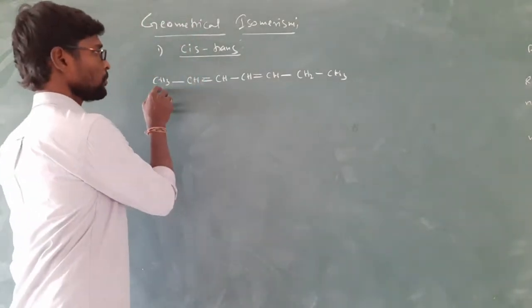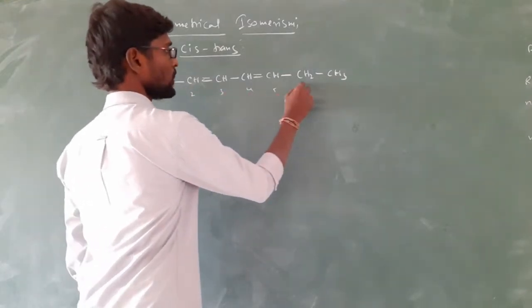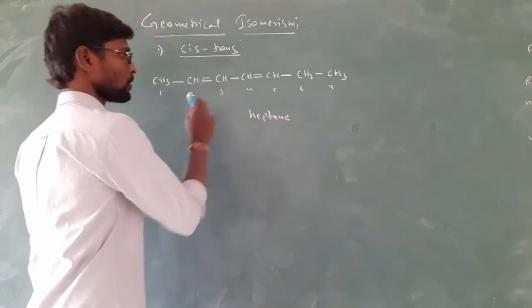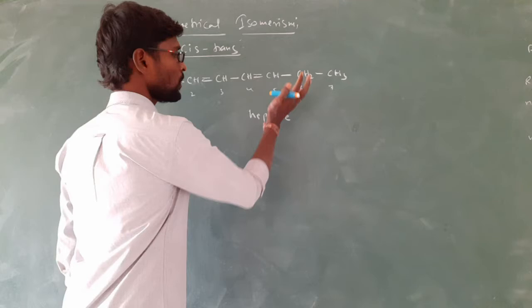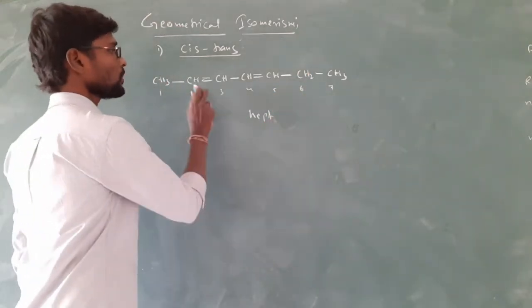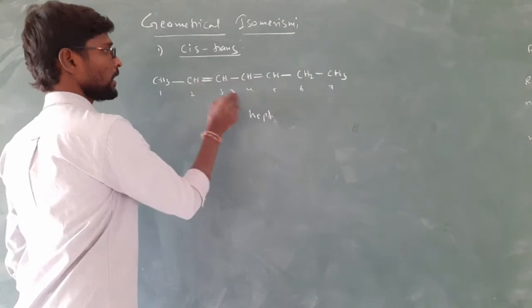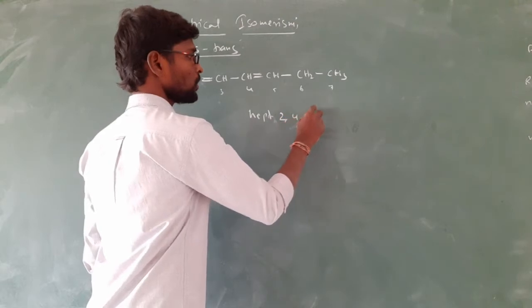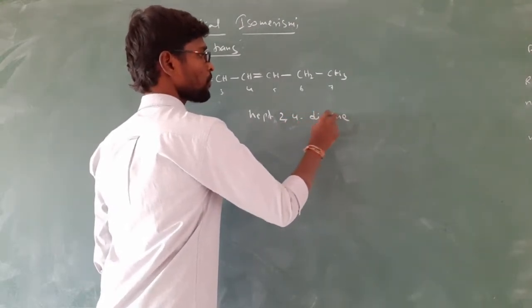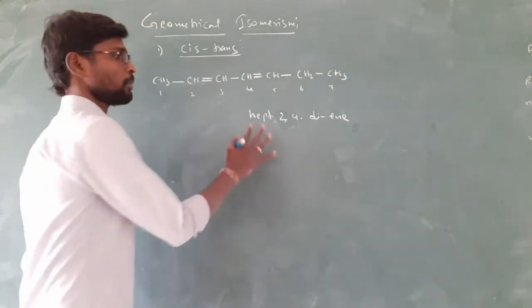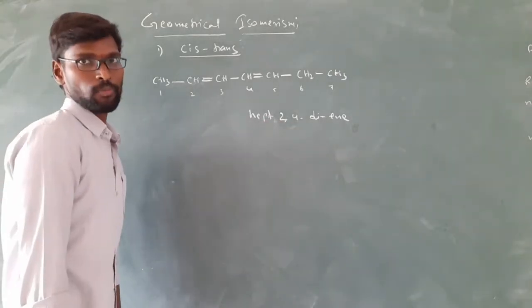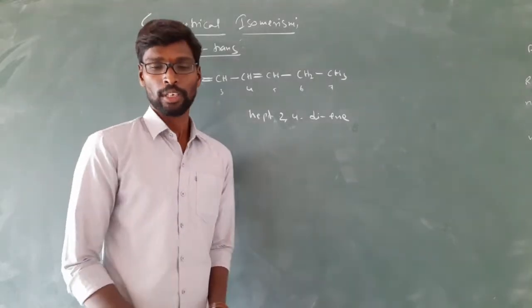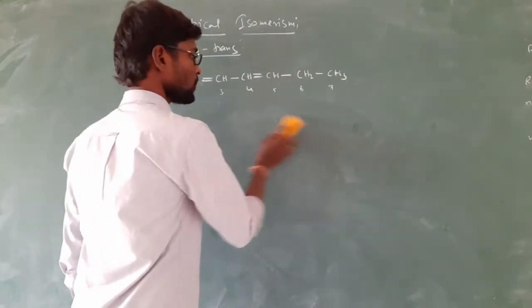The IUPAC name is heptene, or hepta. On the second carbon you have a double bond and on the fourth carbon you have a double bond, so you write hepta-2,4-diene. This is the IUPAC name of this compound. In this one, how many cis and how many trans isomers are possible? We will check. Further, we have some simple formulas here.